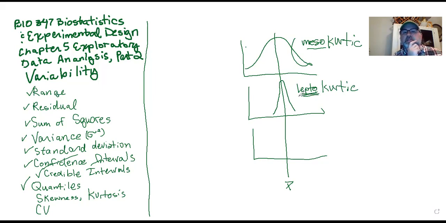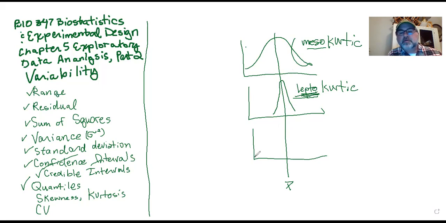You'll see lepto in ecology when it refers to the range of some environmental variable in which organisms live. Like leptohaline means marine animals that have a very narrow range of salinity they can live in. And the same is true for enzyme activity. Some enzymes are very particular about what pH or temperature they work at. So it'll be very peaky.